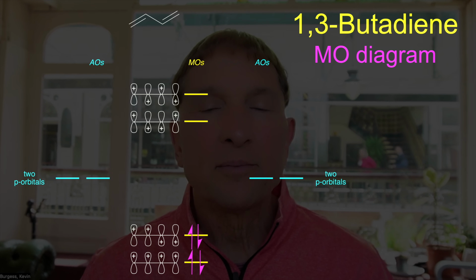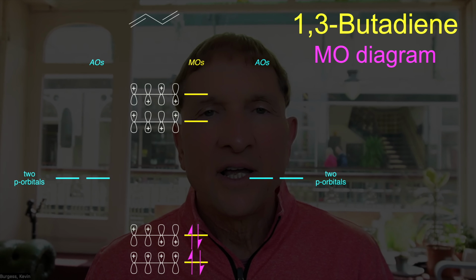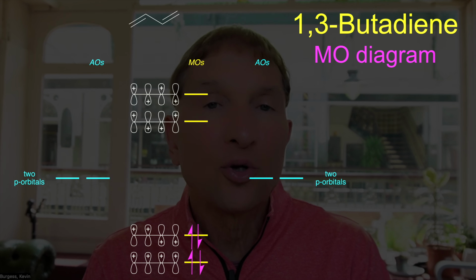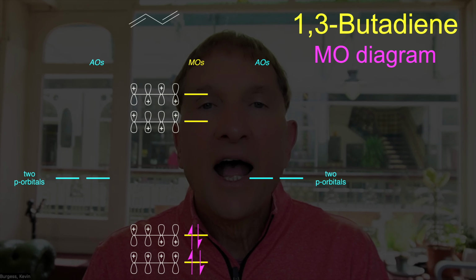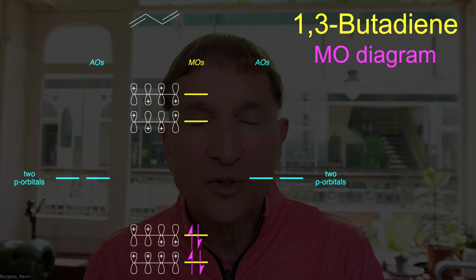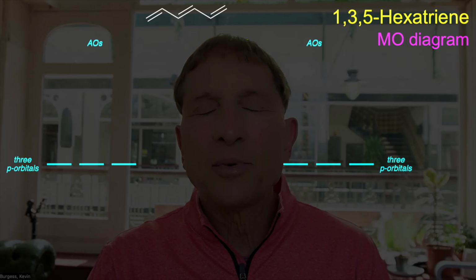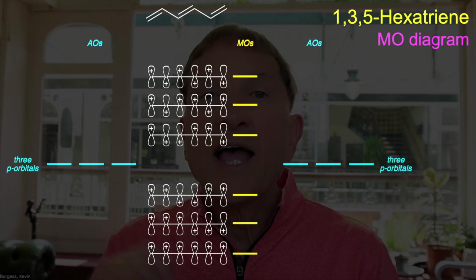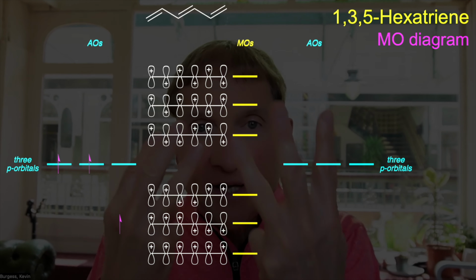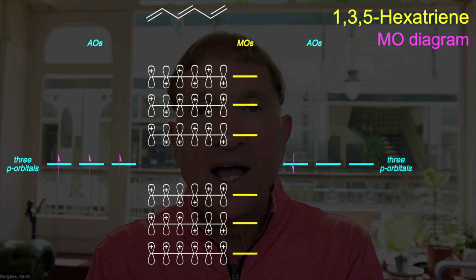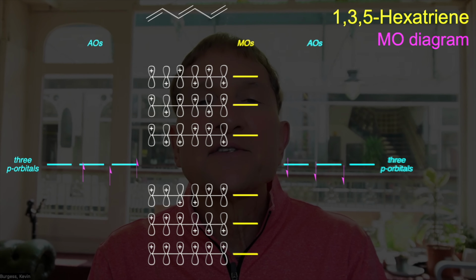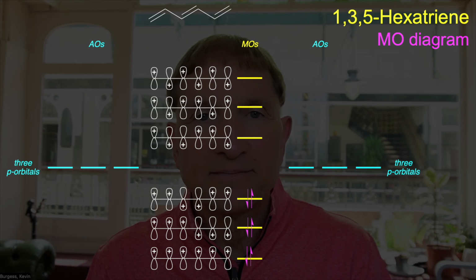Electrons promoted by UV absorbance correspond to the energy gap between the highest occupied molecular orbital, the HOMO, and the lowest unoccupied one, the LUMO. The same situation applies to 1,3,5-hexatriene. The 6 p orbitals combine to form 6 molecular orbitals, and the 6 electrons in those p orbitals move down into the bonding pi system.